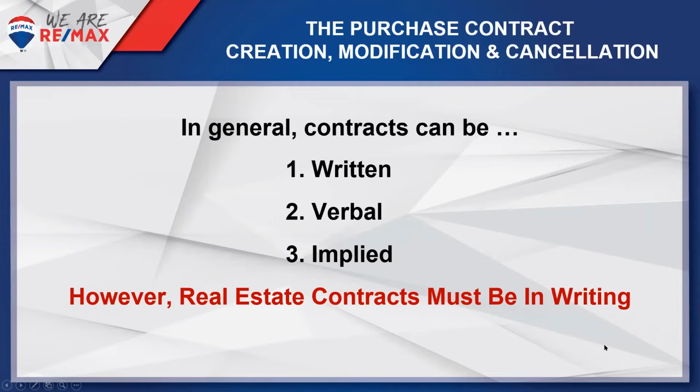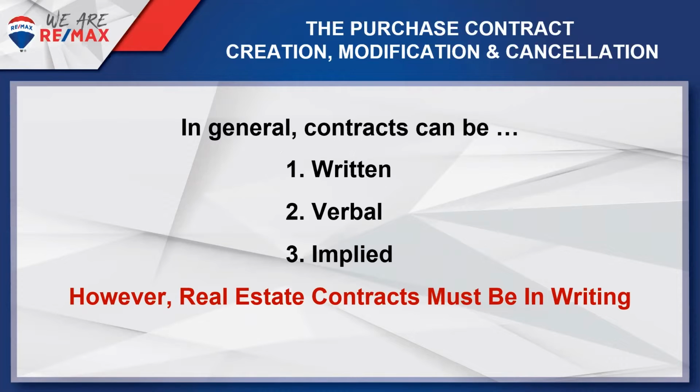Now, in real estate, in the state of California, contracts must, I stress the word must, be in writing. Any purchase contract of any kind for real property must be in writing. Any agreement to lease a property for 1 year or more must be in writing. So that is covered by the statute of frauds.